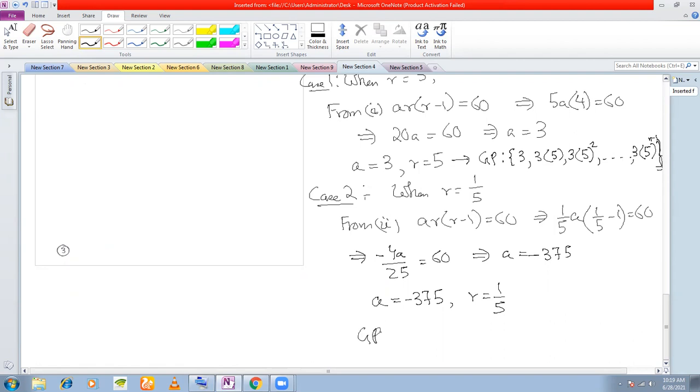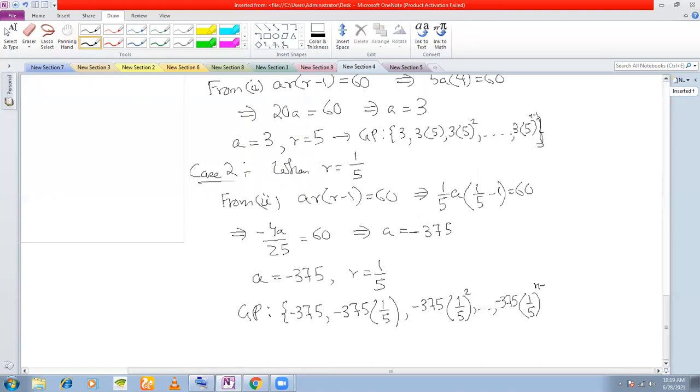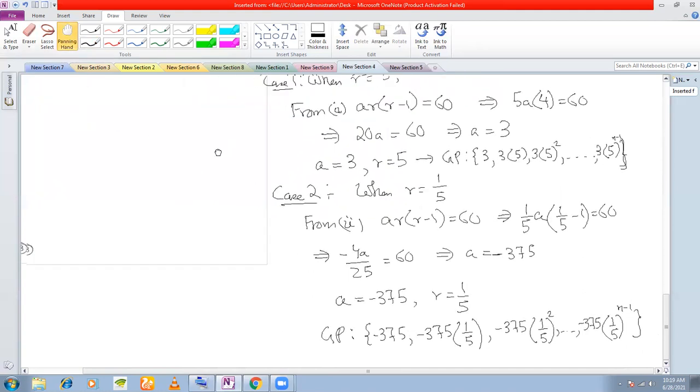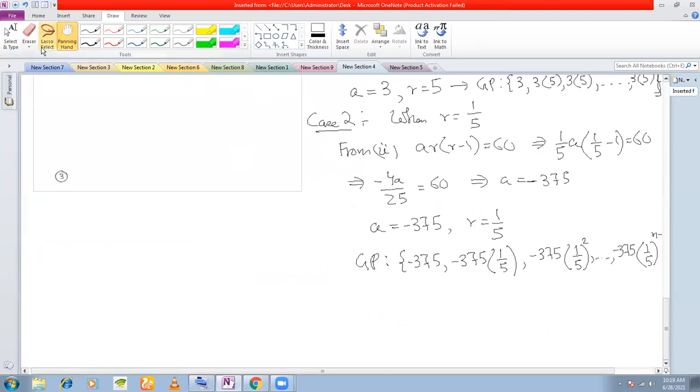In this case, what should be the GP? a, ar, ar square, and so on till ar to the power of n minus 1. They have not asked you in this question, but suppose they ask, then you can find it out easily, isn't it? Yes, sir. So that finishes this part of the question.